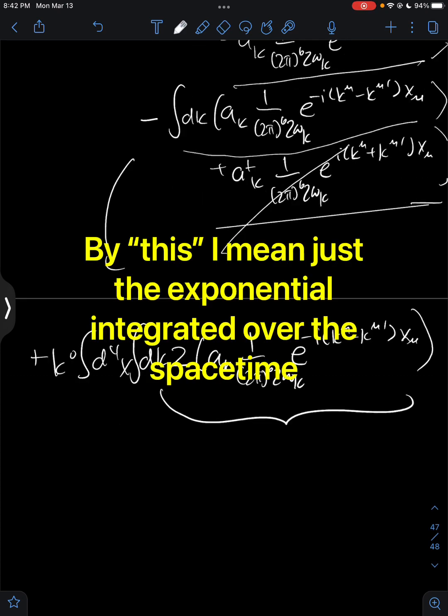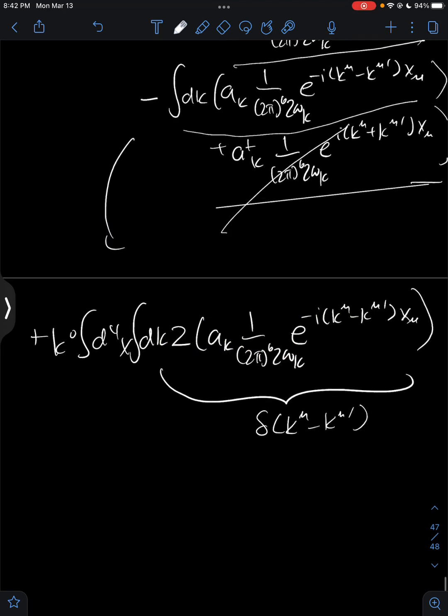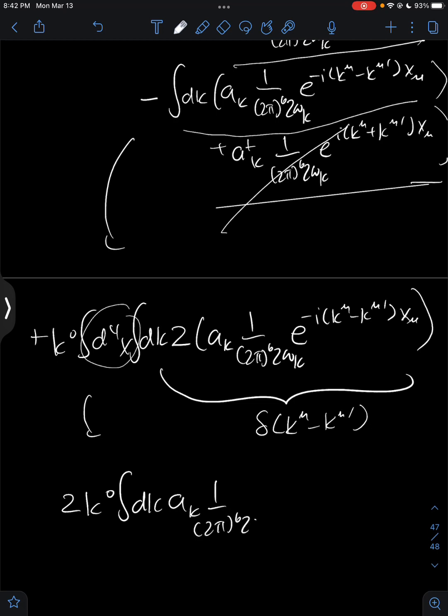This is going to be a delta of k mu minus k mu prime when we integrate it over that position over here. So this means that we are going to have k naught times the integral of d^3x of that, and then a_k, 1 over (2 pi)^6 to omega k.